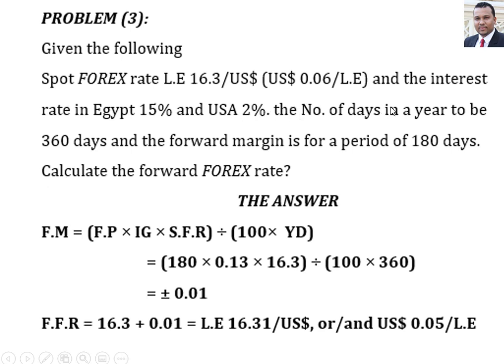Number of days in the year is 360 days and the forward margin is for a period of 180 days. Now, we want to calculate the forward forex rate, abbreviation FFR.